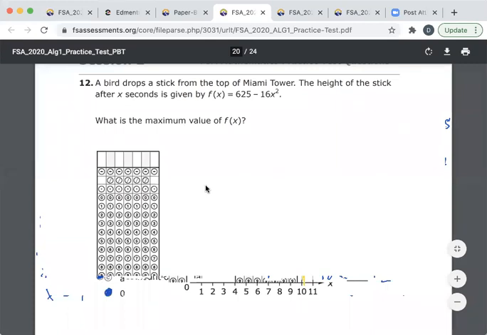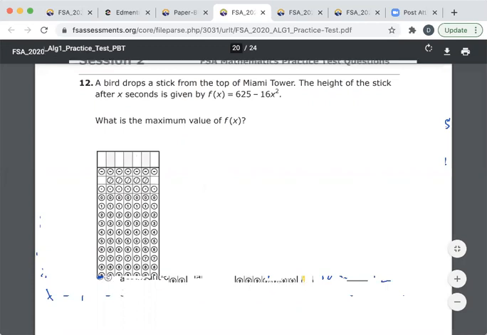So remember, the maximum value is like the height. If you plug in 0 for X, your height would be 625. So that would be your answer.